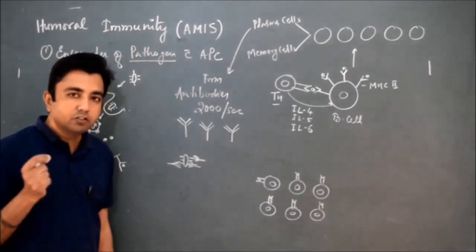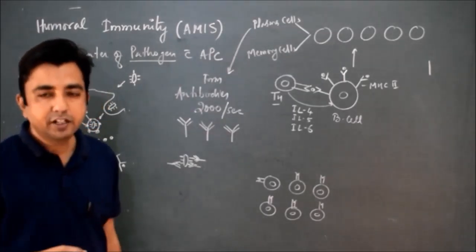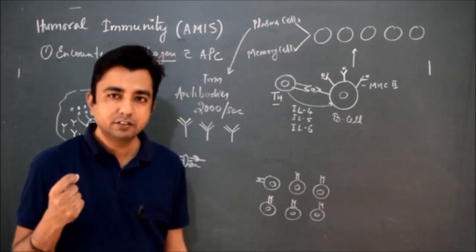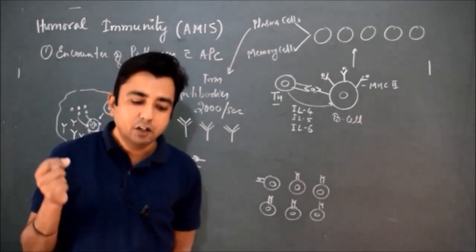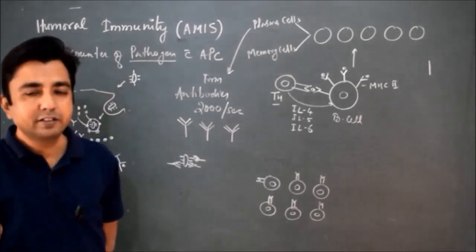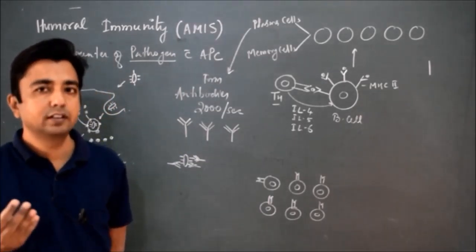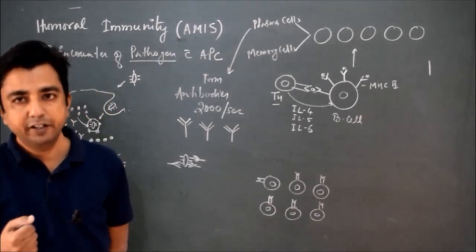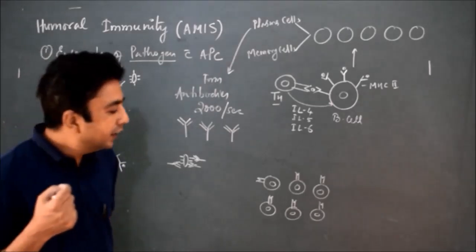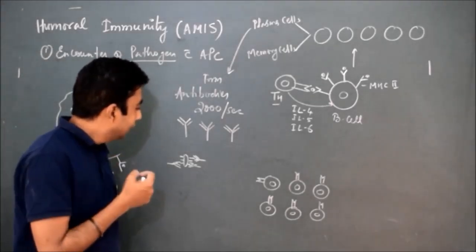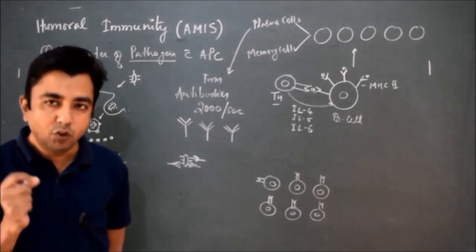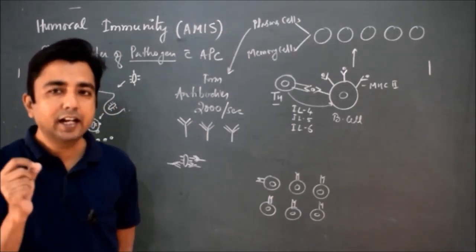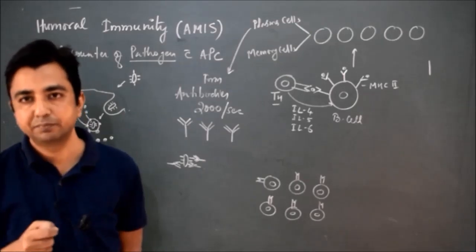Besides, we have studied the complement system in innate immunity, and as I said, the complement system is involved in both innate as well as acquired immunity. In acquired immunity, the complement system works only when an antigen-antibody complex is formed.